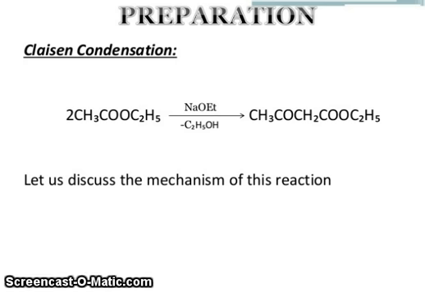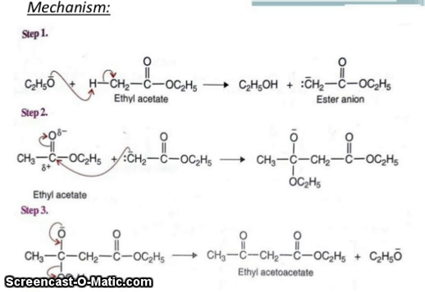Let us discuss the mechanism of this reaction. You can see here in step 1, the ethoxide traps this proton, forming an ester anion, and this ester anion attacks the carbonyl carbon, forming this product, and this product removes the ethoxide, forming ethyl acetoacetate.